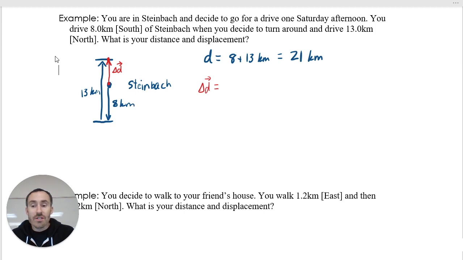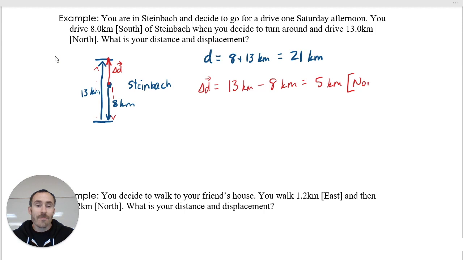So if we take this 13 kilometers here and subtract this 8 kilometers from it, that will give us what the change was in total. And so 13 kilometers minus 8 kilometers gives me 5 kilometers. And my total change was to the north. So this is my final displacement, 5 kilometers to the north.